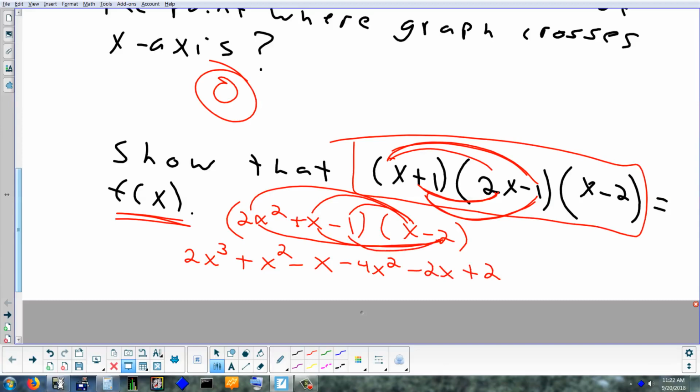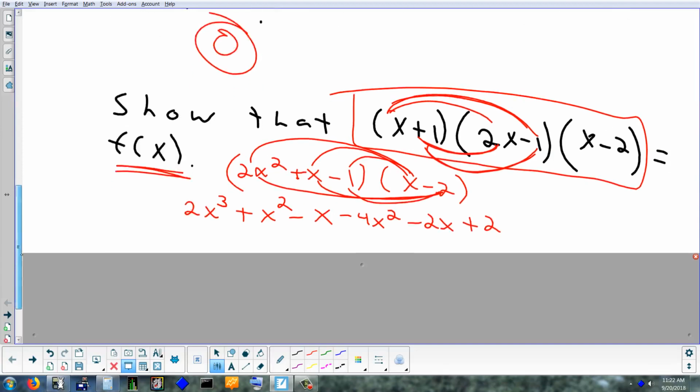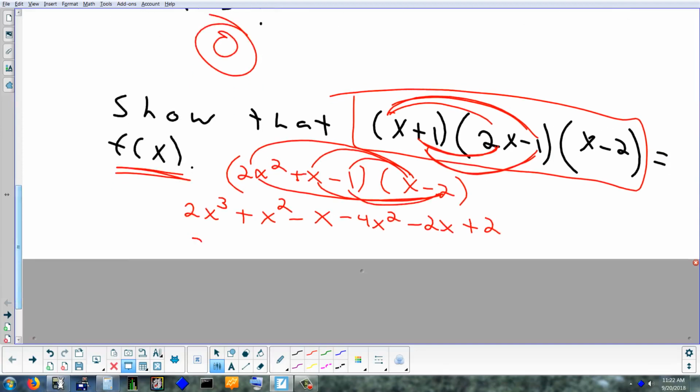Now if I combine my like terms and I did this correctly, that should be exactly what we started with. Let's see. So 2x cubed, got that. What's x squared minus 4x squared? That's a negative 3x squared. What's a negative x minus 2x? That's negative 3x.